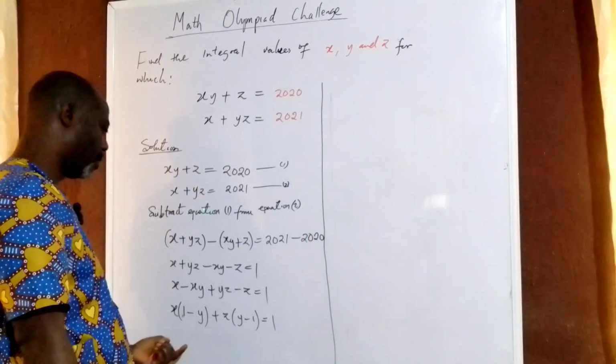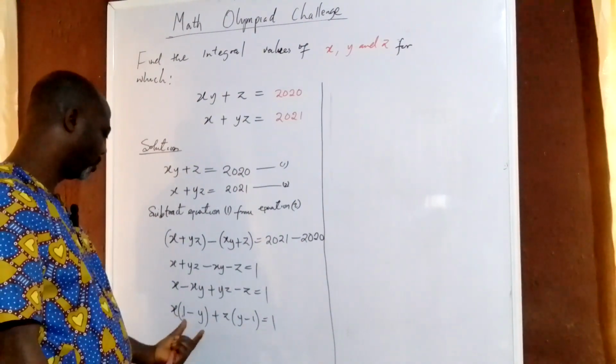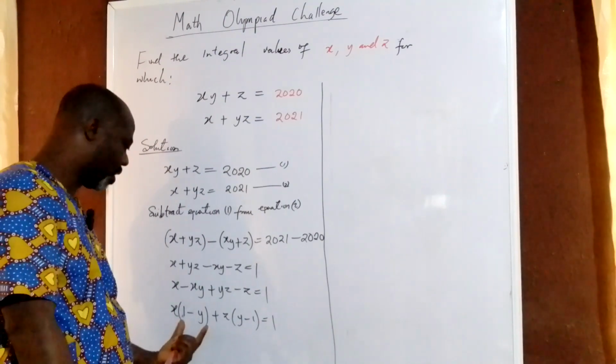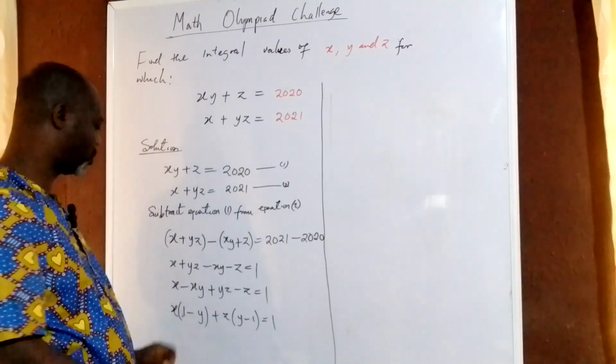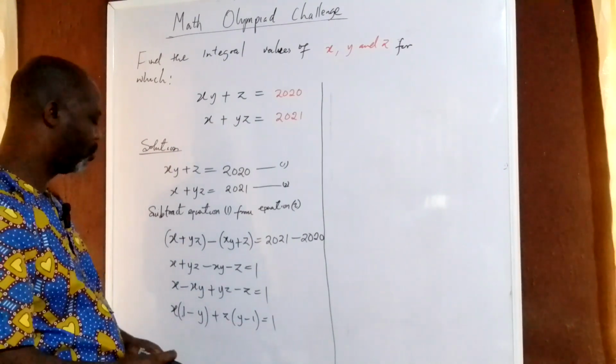Now we have to look at the two expressions within the brackets. Here we have 1 minus y, and then here we have y minus 1. What do we do here?